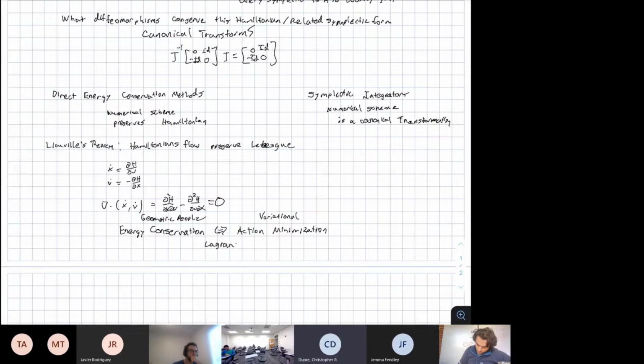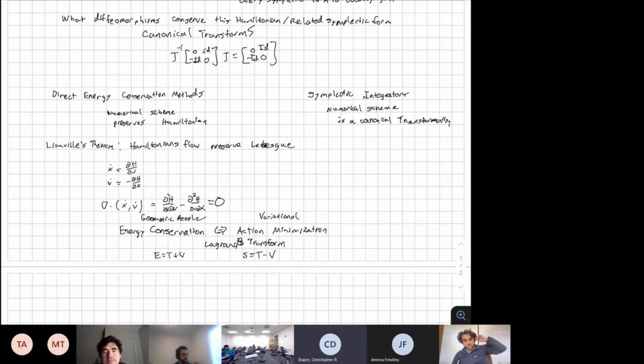I always get this wrong, but I think this is the Lagrange transform. In classical mechanics, you may have seen it as something like if your energy is your kinetic plus your potential, your action is your kinetic minus your potential. And you can give that transformation formally even when you can't write it as these kinetic and potential parts.